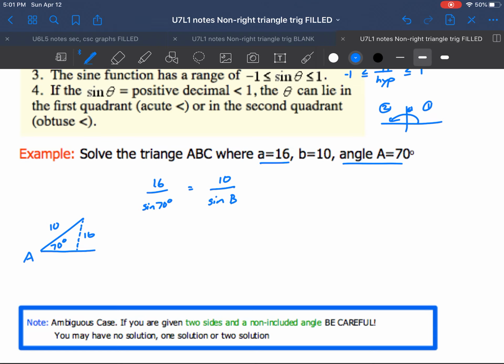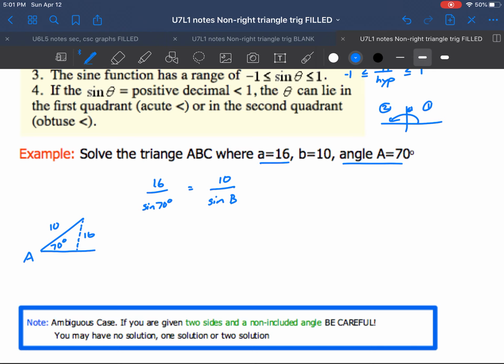I have the calculator here, so that means 10 sine 70 over 16, and then let me take the sine inverse.